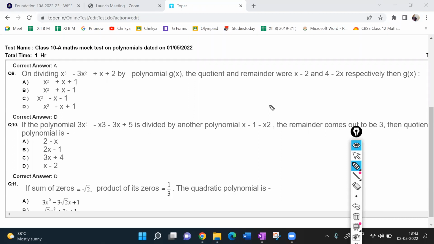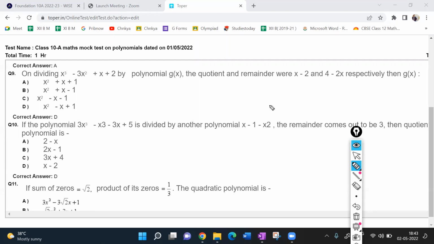How many of you got that? Got the trick? Tell me the trick. Make it fast. One minute. No, already you have attempted. So question number 8, sir. So question number 9. Question number 9 only I'm talking about.